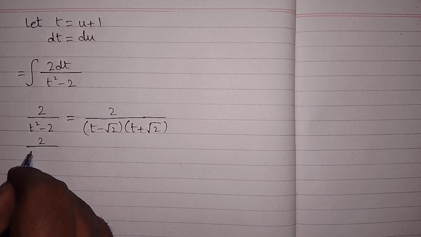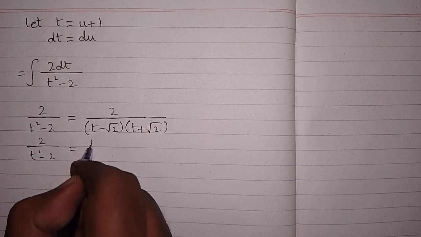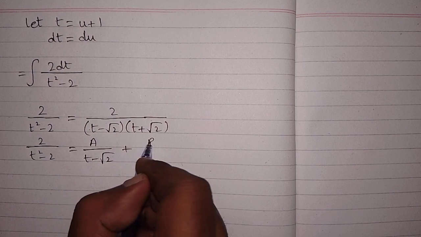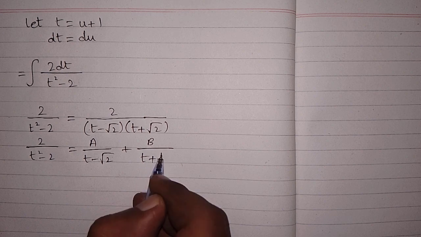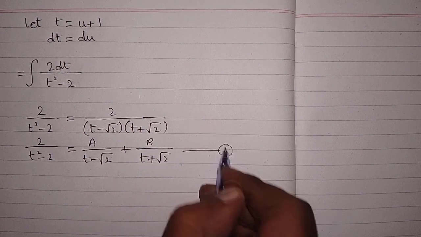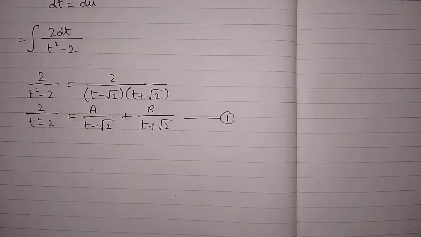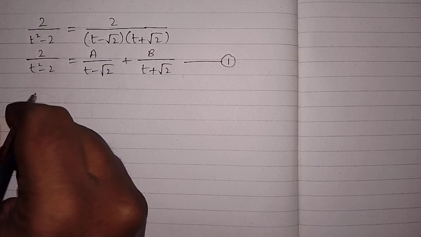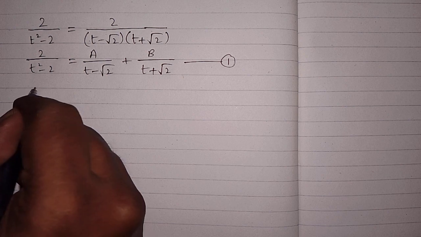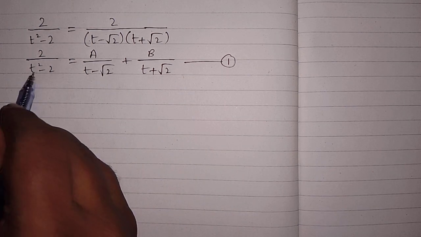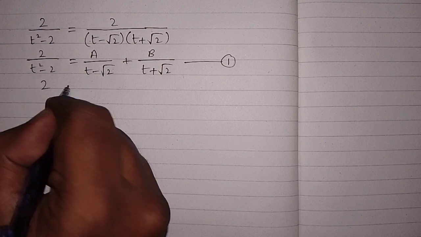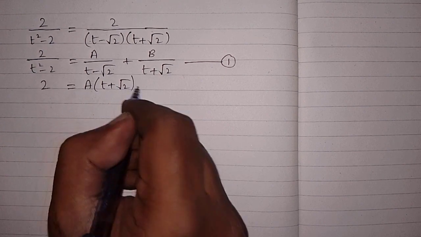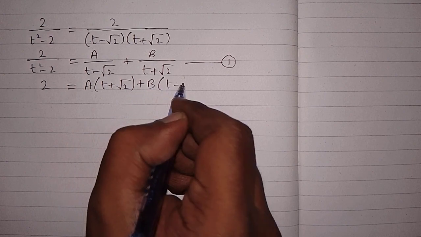and then we have 2 upon t square minus 2 is equal to a upon t minus under root 2 plus b upon t plus under root 2. Suppose this is equation 1, and then if we multiply both sides by t square minus 2, so we have 2 is equal to a times t plus under root 2 plus b times t minus under root 2.